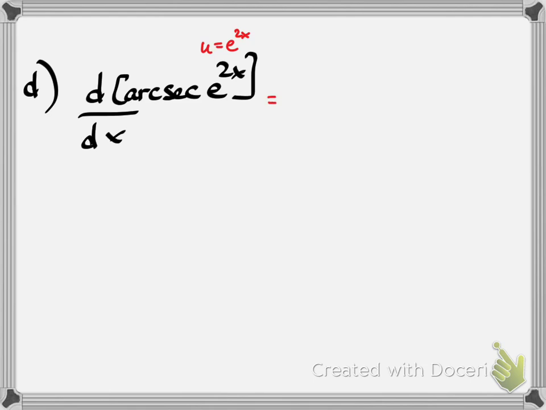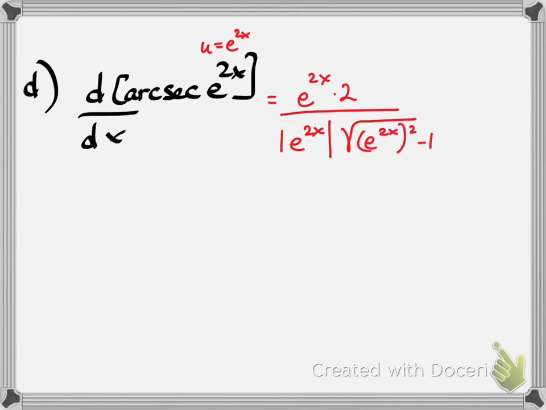So that'd be a little chain rule, because the derivative of e to the u is e to the u times u prime, e to the 2x times 2, over absolute value of u, so e to the 2x in the absolute value bars, square root of u squared, so we're going to square that, so e to the 2x squared minus 1.